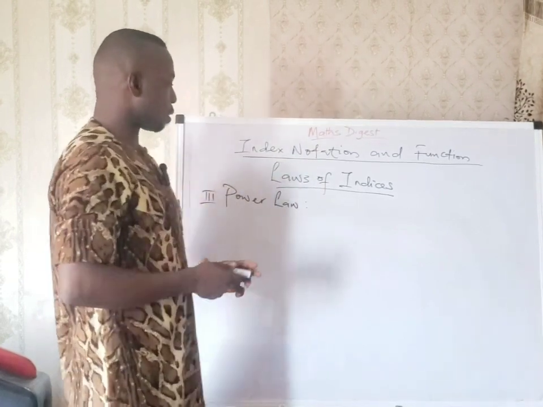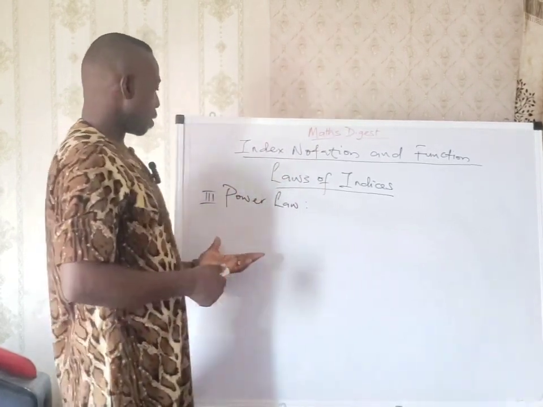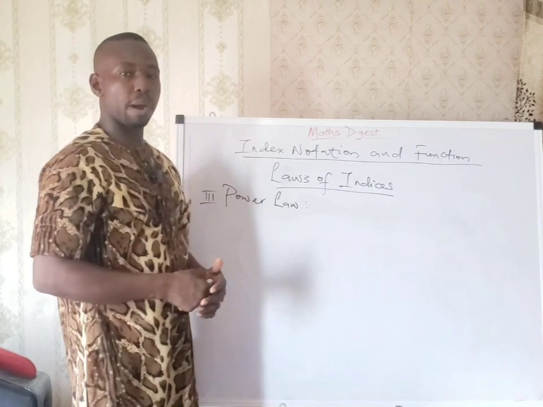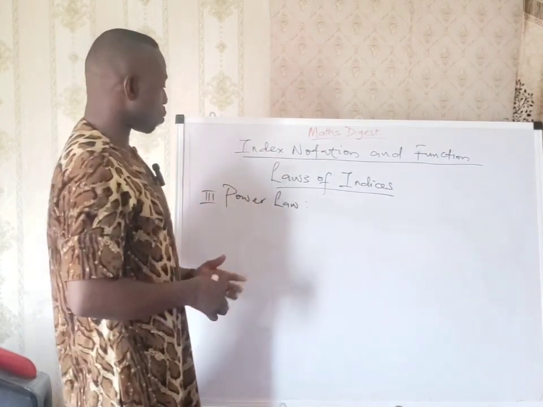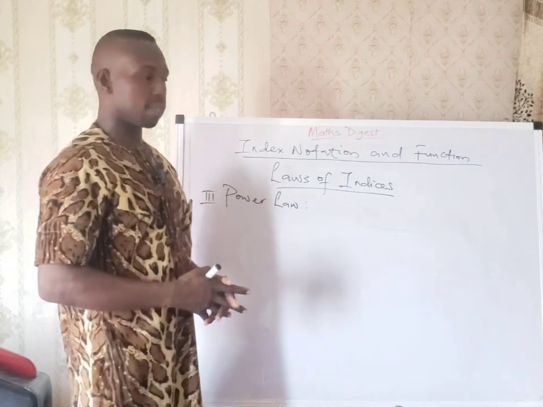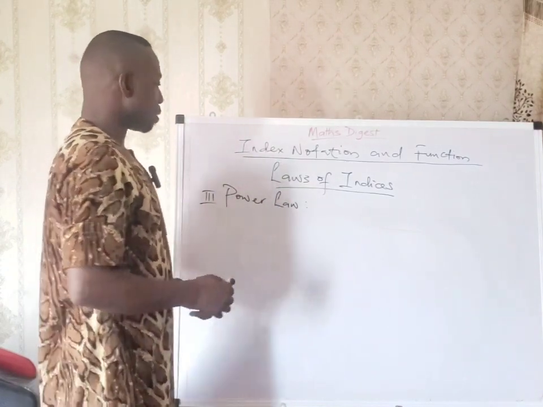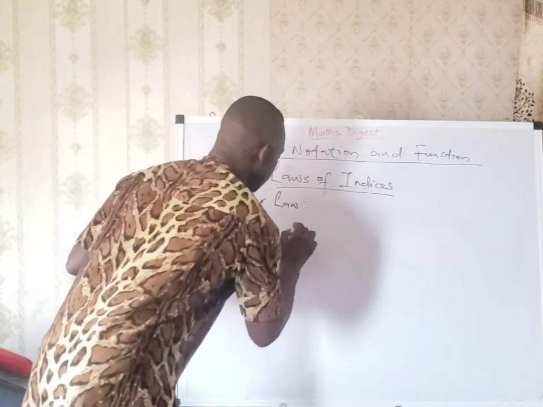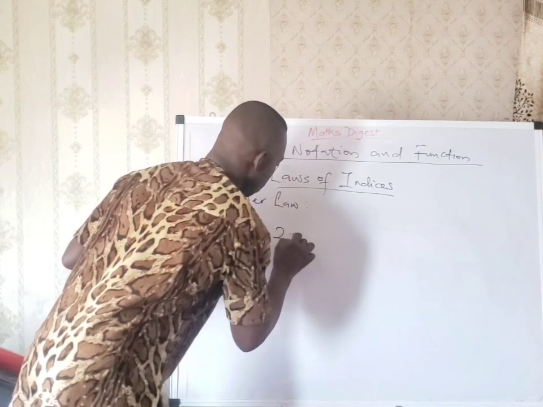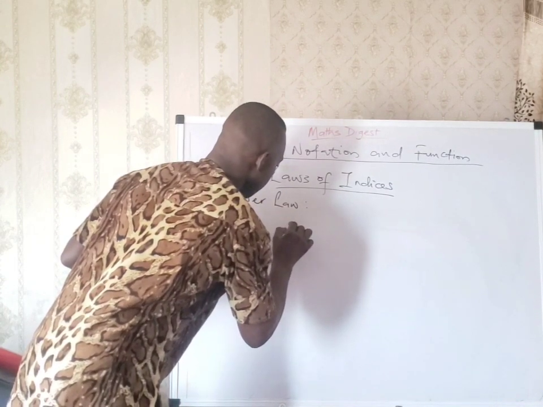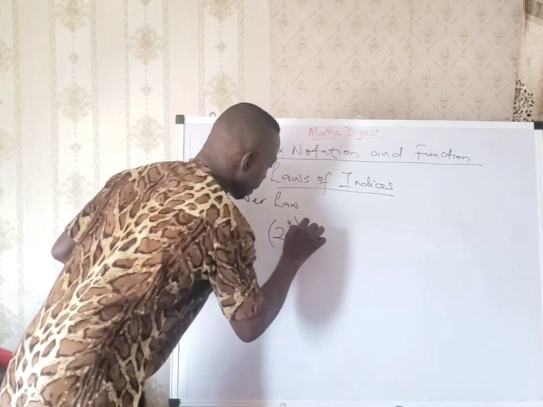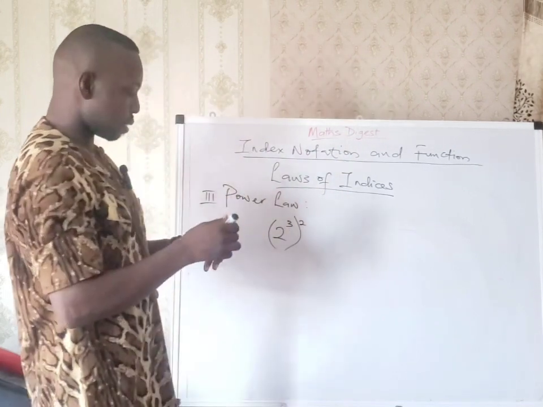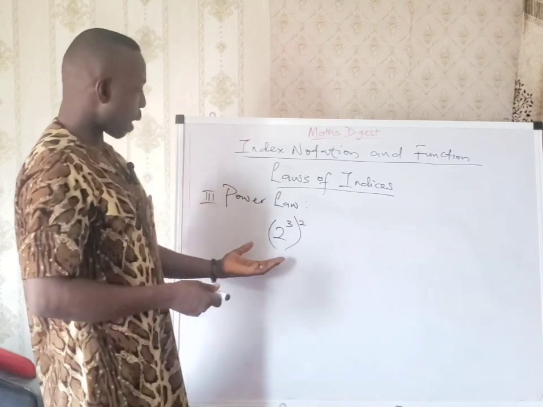Okay, this law states that when a number is raised to a power, and that power is also raised to another power, they are said to be in powers. For instance, if you have 2 raised to power 3, and they are also raised to another power 2, they are said to be in powers.